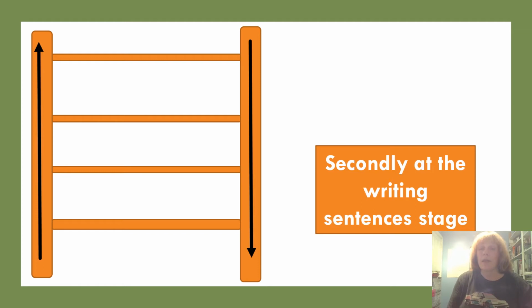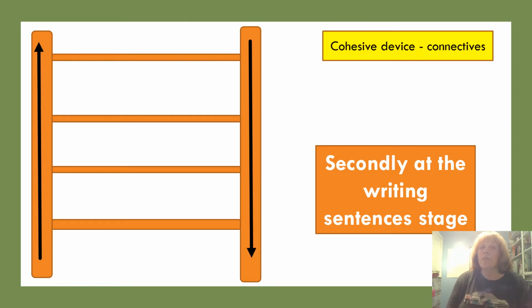Secondly, at the writing sentences stage, you need to be thinking about your connectives. Connectives, very important cohesive device. We talk a lot about starting at entry 3 with the connective and we talk about the use of compound sentences where you're using for and nor, but, or, yet, so.